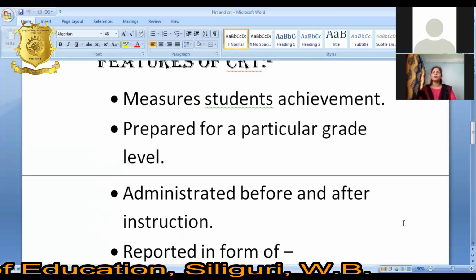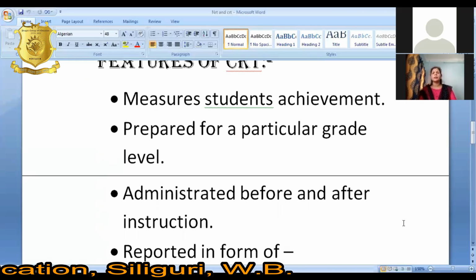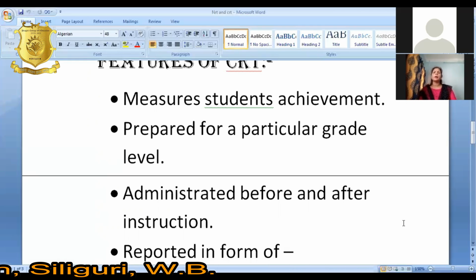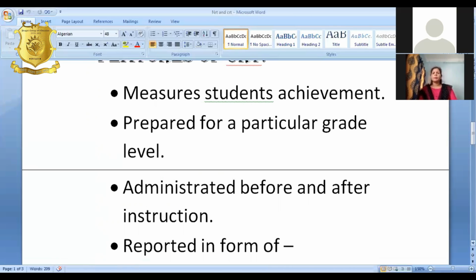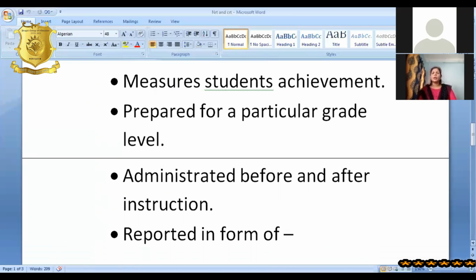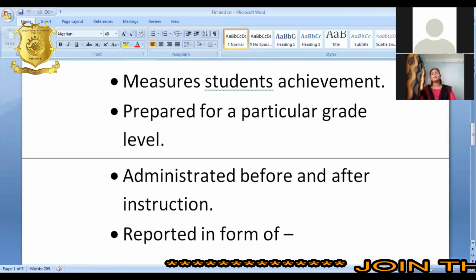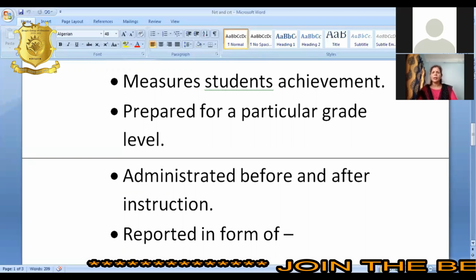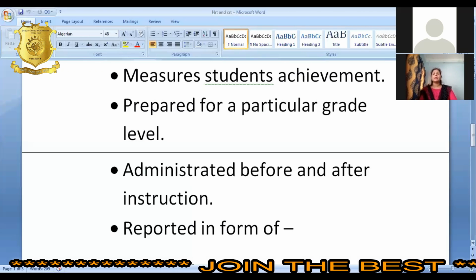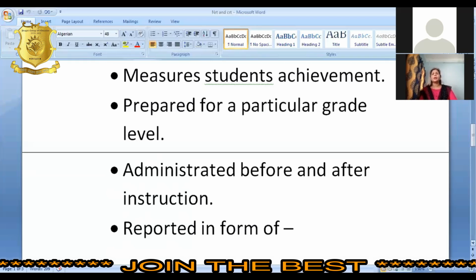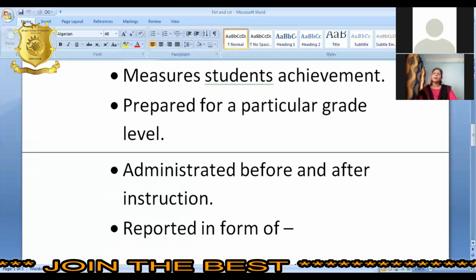Suppose you prepare one CRT test for class 5, it is meant for class 5 students only, and that test is not applicable for class 6 students. Similarly, a CRT test prepared for B.Ed students is not applicable for MSc students. That's why the CRT test is prepared for a particular grade level or course level.